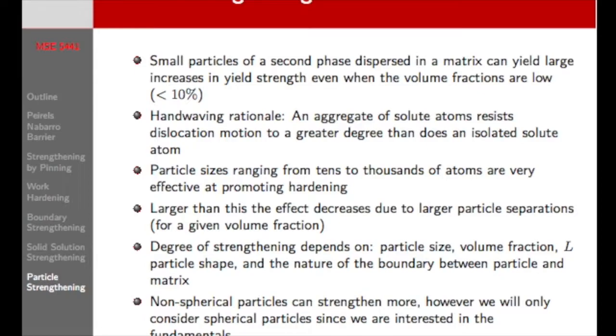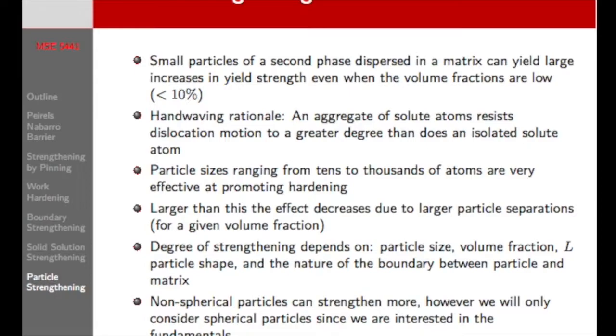Then the other major strengthening mechanism is particle or precipitate strengthening, right? And so in here, instead of individual atoms interacting with dislocations, now we've got dislocations interacting with a small second phase particle, right? And you can make a very hand-waving argument and say that this should be a stronger effect because now I've got a bunch of solute atoms all stuck in one spot, right?